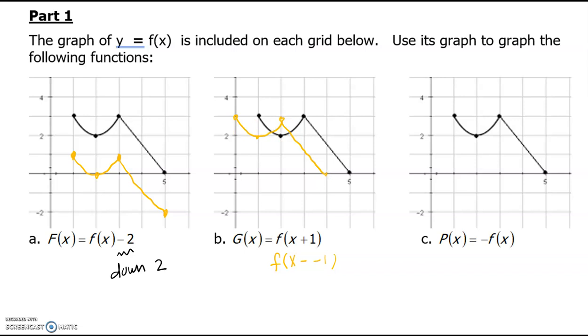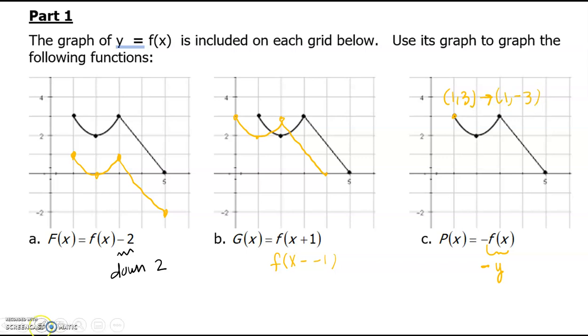So all my points are moving to the left by 1. And then this last one, we see that there's a negative on the outside, so the points are reflected. Another way to think about this, f of x is the y, so we're basically saying -y. So every coordinate we have, the x coordinate is staying the same, but the y coordinate is changing. So this point right here, that currently is at (1, 3), its new point is going to be (1, -3).